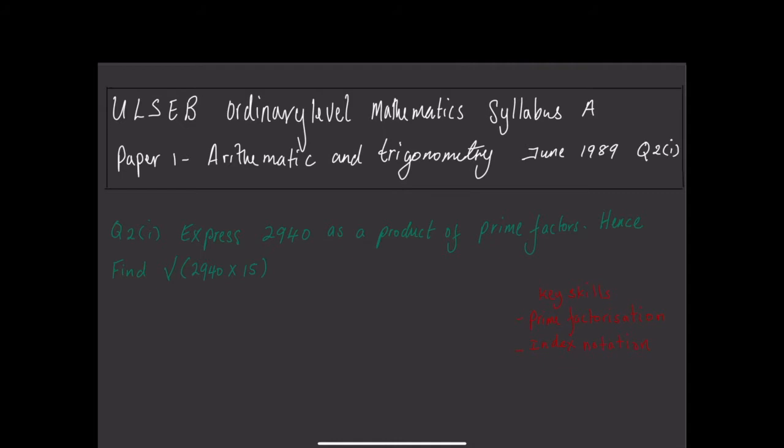Question 2i states: express 2,940 as a product of prime factors, hence find the square root of 2,940 times 15.